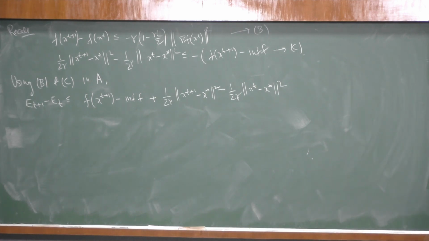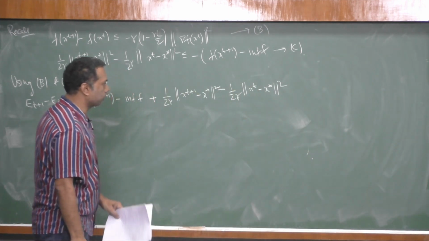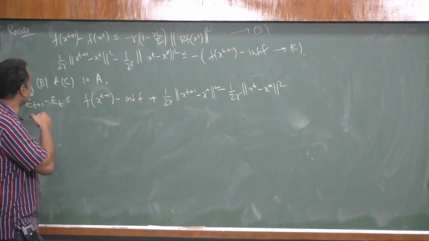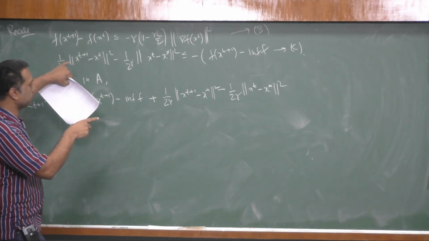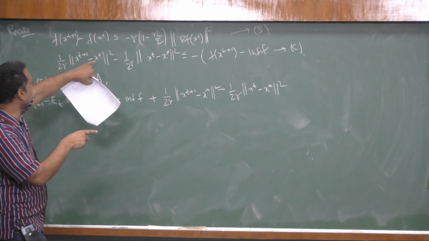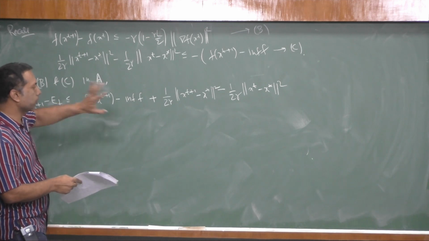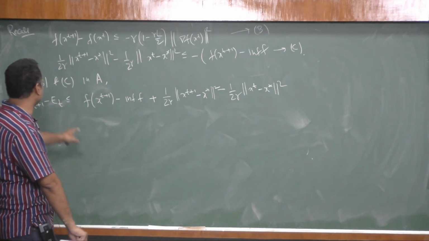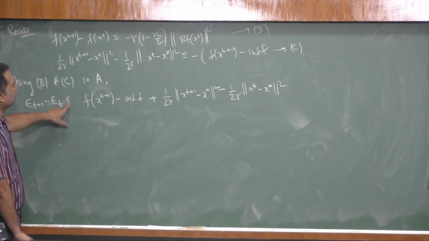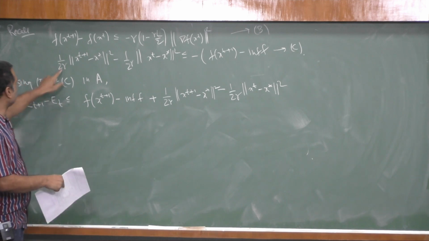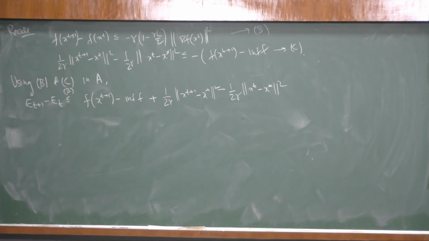Don't want to use the word laid off these days, but this term went away. So what happened to it? It's like f(x_{t+1}) minus f(x_t) is less than or equal to some negative term. So if I remove a negative term, I still remain less than or equal, right? So that is being done here. And this I have not used yet, so this seems to be only a consequence of B. Okay, I am fine with this.